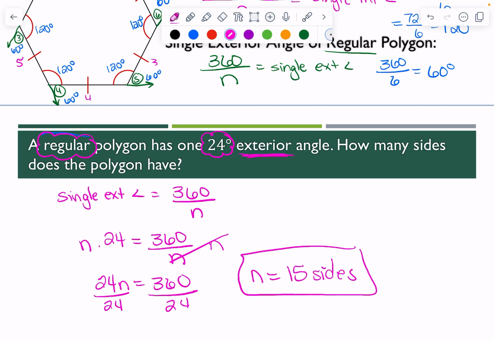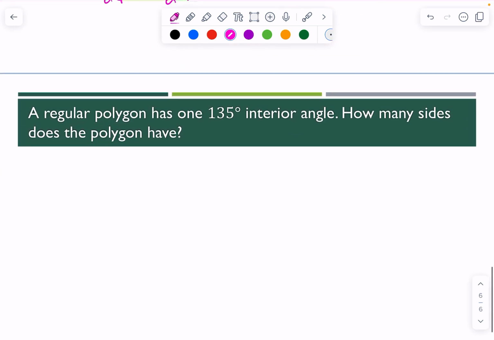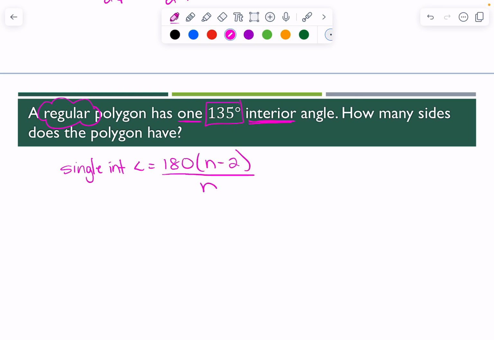Okay. Likewise, we can go to the next one here. Again, I have a regular polygon. It has one 135-degree interior angle, and it wants to know how many sides. So again, we say a single interior angle is equal to 180 times n minus 2, divided by the number of sides, n. So we put in our number, so 135 is equal to 180 times n minus 2, divided by n.